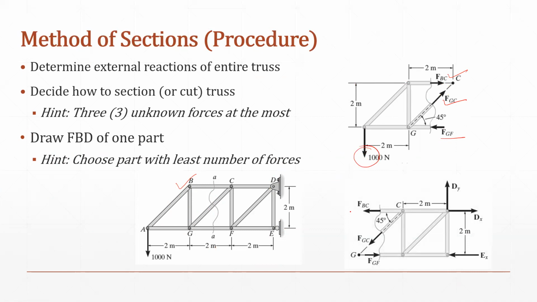On the other hand, if we look at the free body diagram of the right hand side part, there are a total of 6 forces: FBC, FGC, FGF, Dy, the vertical reaction at point D, Dx, the horizontal reaction at point D, and Ex, the horizontal reaction at point E.